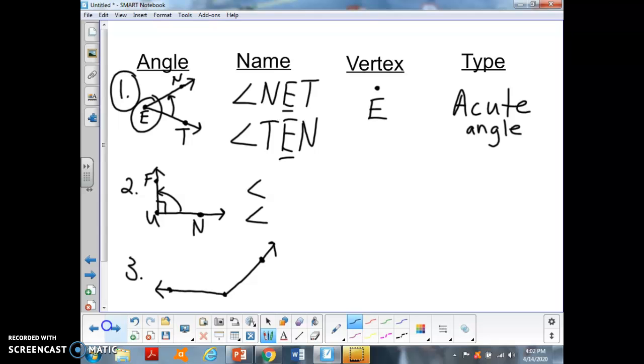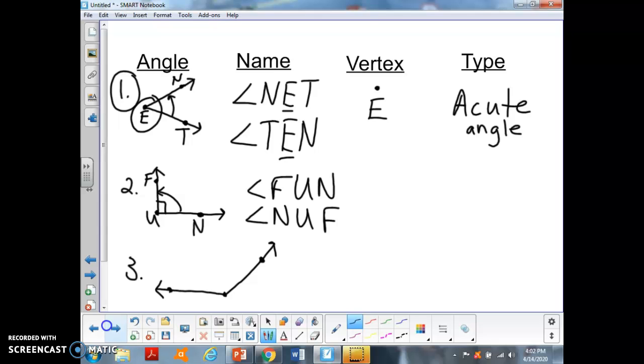So, U must be in the middle. Capital letters. Angle FUN. Fun. That is what math is. The other one, going the other way, would be NUF.